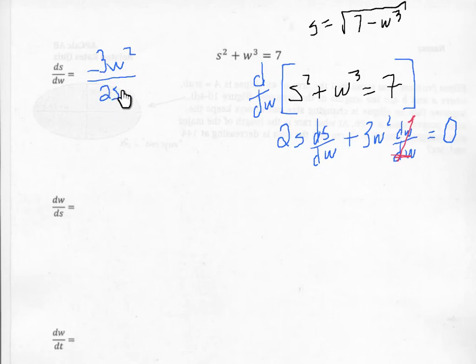And long and short of it, doing the explicit differentiation is longer. Doing the implicit differentiation is shorter.